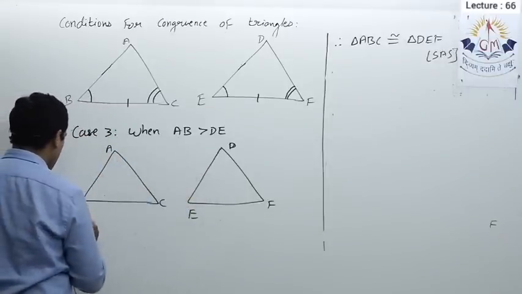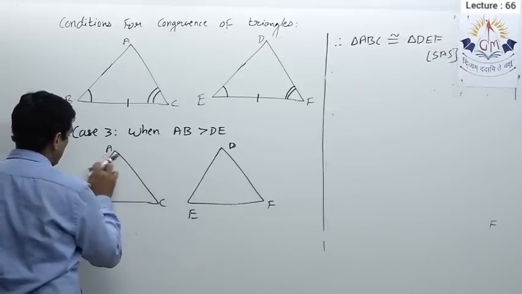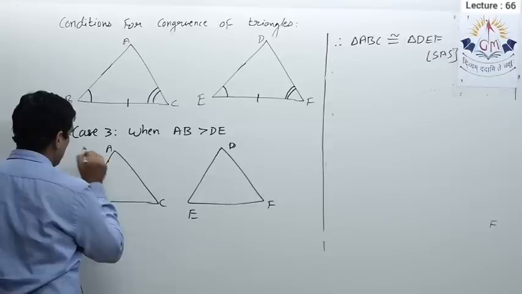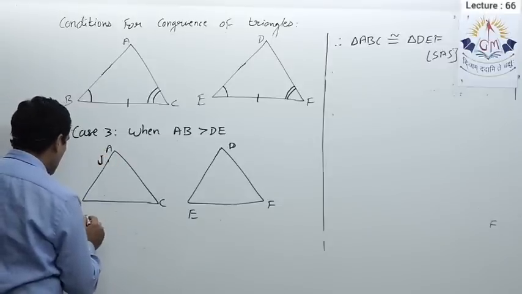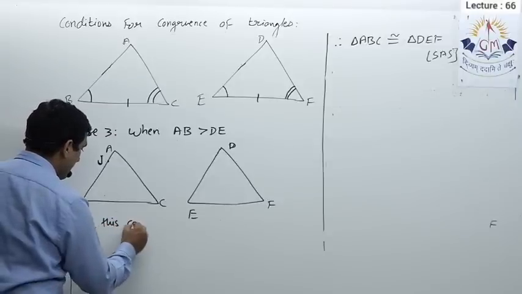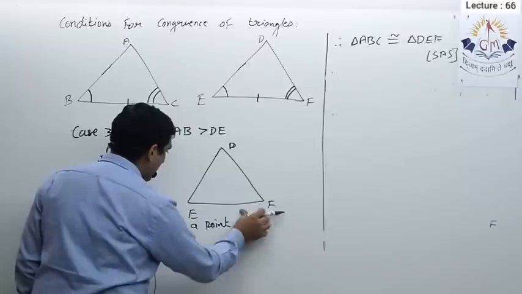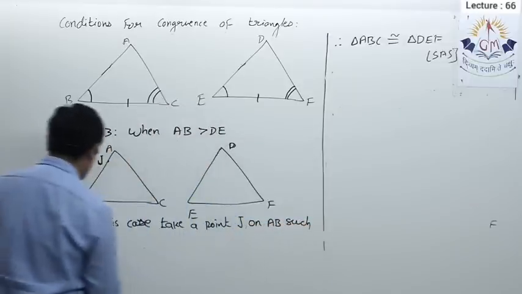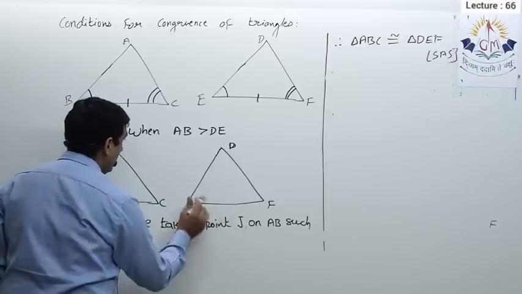So when AB is greater than DE, here I am taking a point, let the point be J. So in this case, take a point J on AB such that BJ is equal to DE.